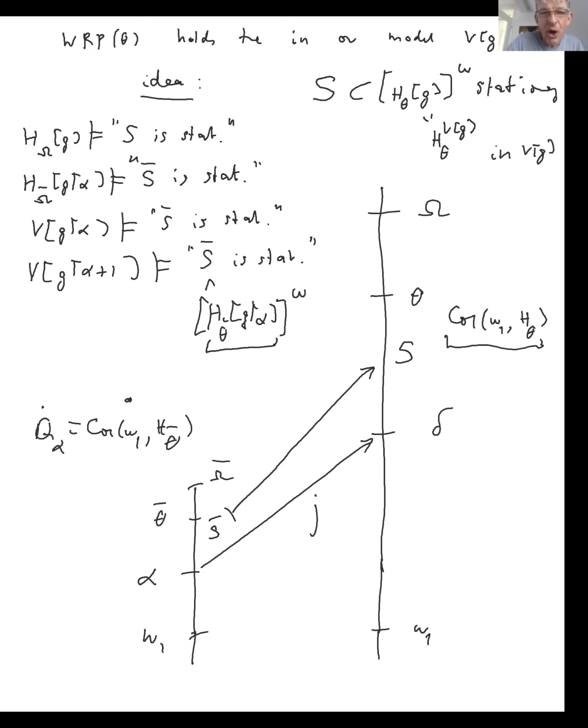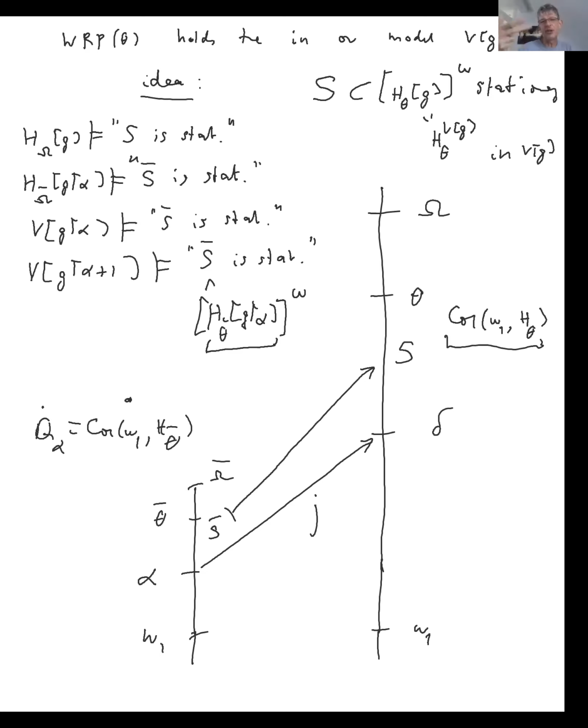So this object will become an object of size aleph 1. So there is a bijection of this object H theta bar adjoin G restricted to alpha with omega 1 in the extension in the alpha plus first model from the iteration. And therefore you can construe the stationary subset S bar as actually a stationary subset of omega 1, right? Modulo this bijection with omega 1, it becomes a stationary subset of omega 1.